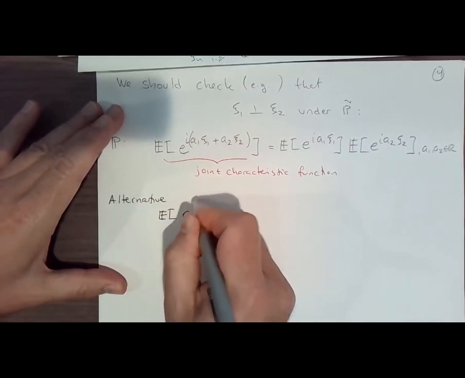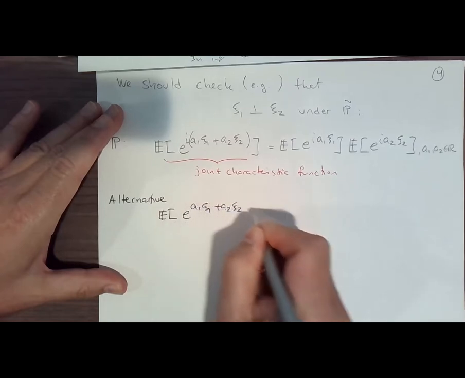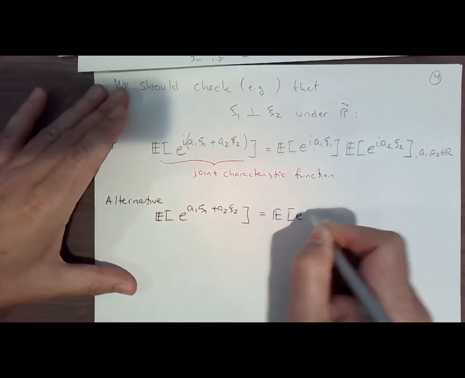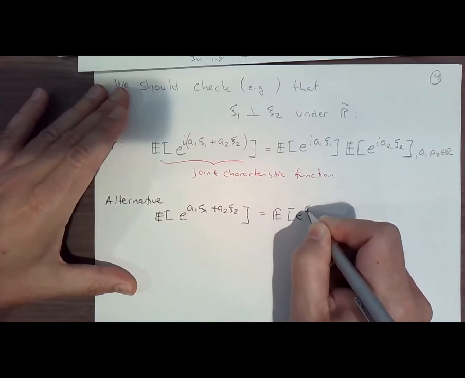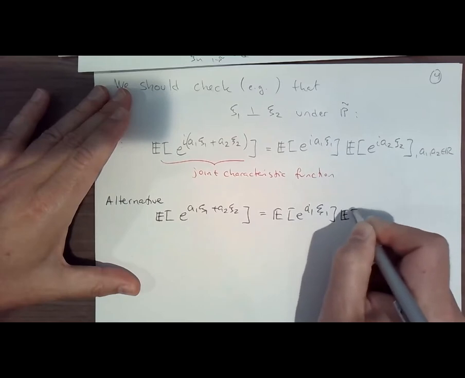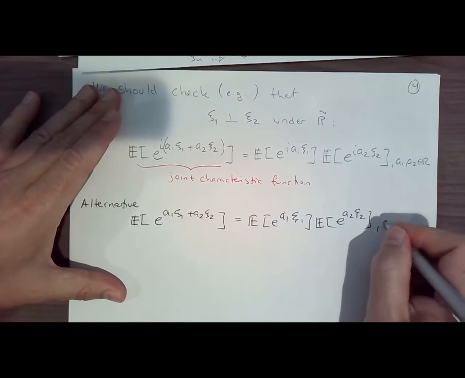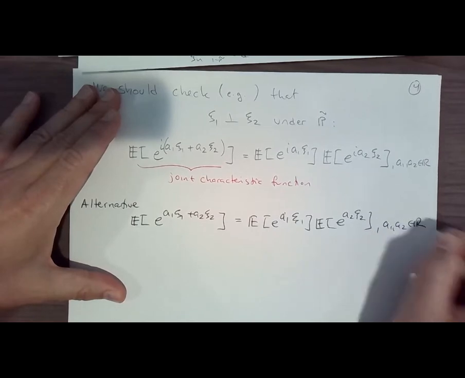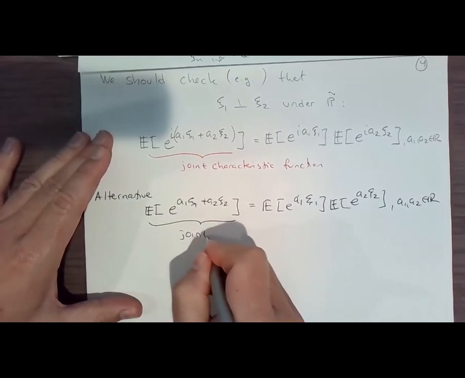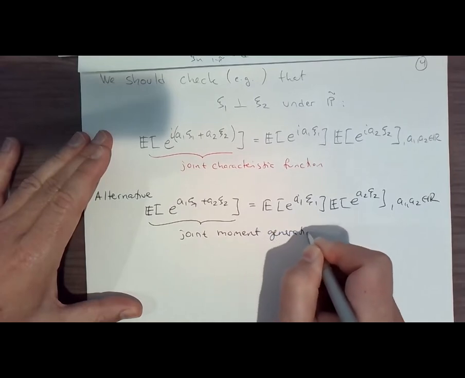You could also just use the moment generating function. So E of e to the a1 psi1 plus a2 psi2 equals E of e to the a1 psi1 times E of e to the a2 psi2, where a1, a2 are in R. This one here would be the joint moment generating function.